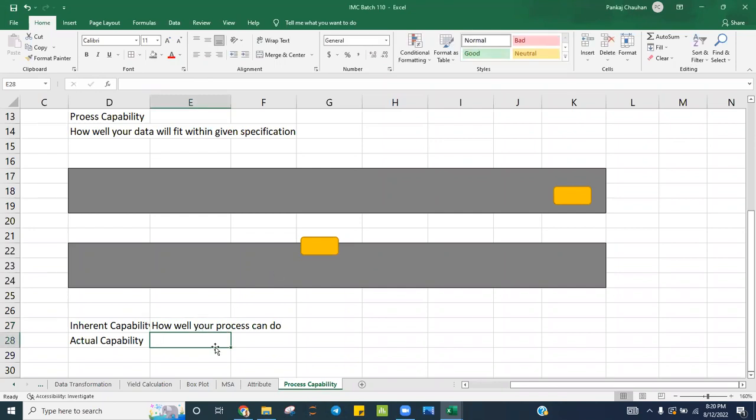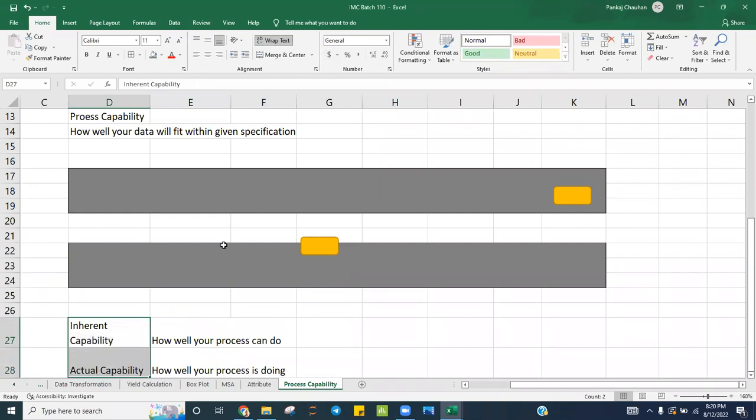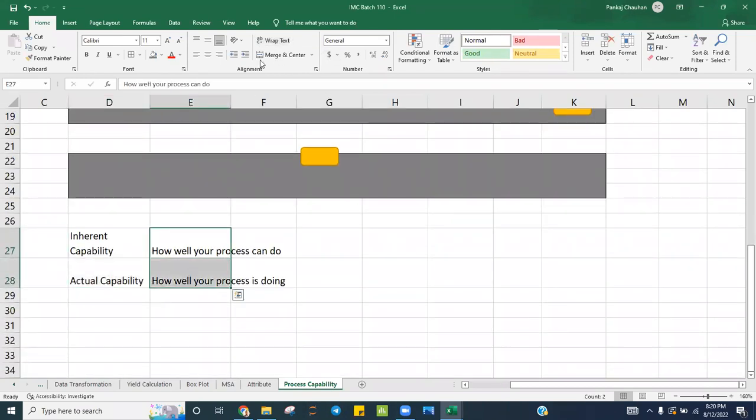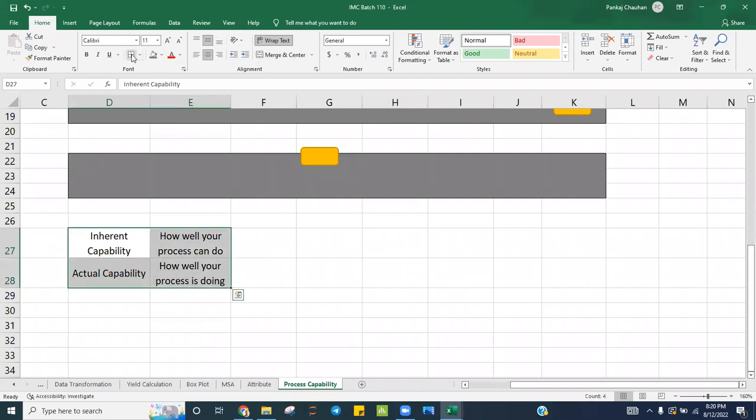Actual means how well your process is doing. So one, how well your process can do, and the second, how well your process is doing. That's the inherent and the actual capability. The inherent capability is represented by CP, and the actual capability is represented by CPK, which is as good as your sigma level. If you divide the sigma by 3, you will get the capability.